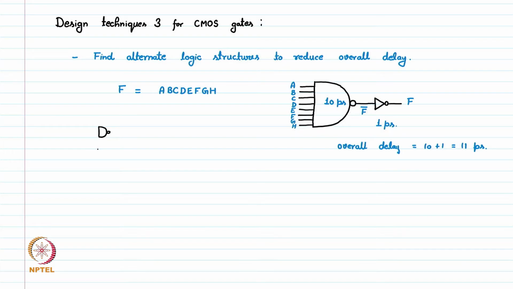I have 2 input NAND gates, these are now connected to NOR gates, and further these gates are connected to one more NAND gate, and then finally an inverter.